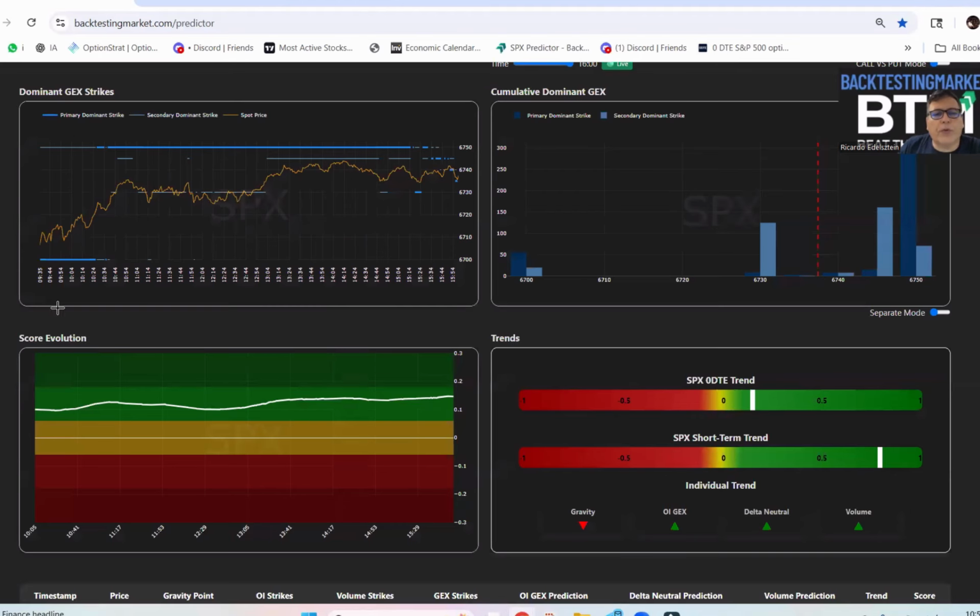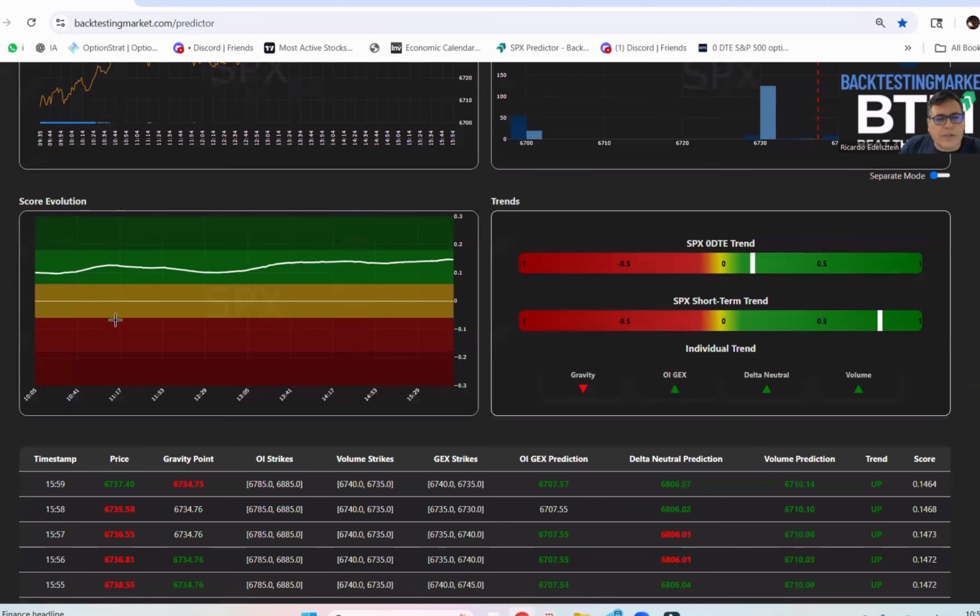But before going to the score evolution, let's see where this idea comes from. It's a number, a value based on a vast amount of information from the option chain. For this example, we're going to use SPX.